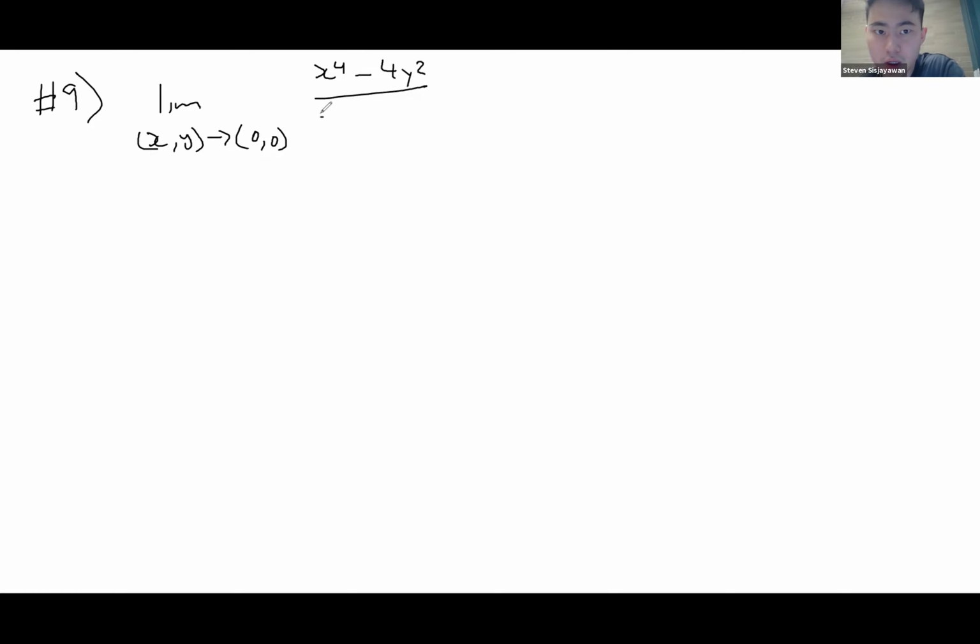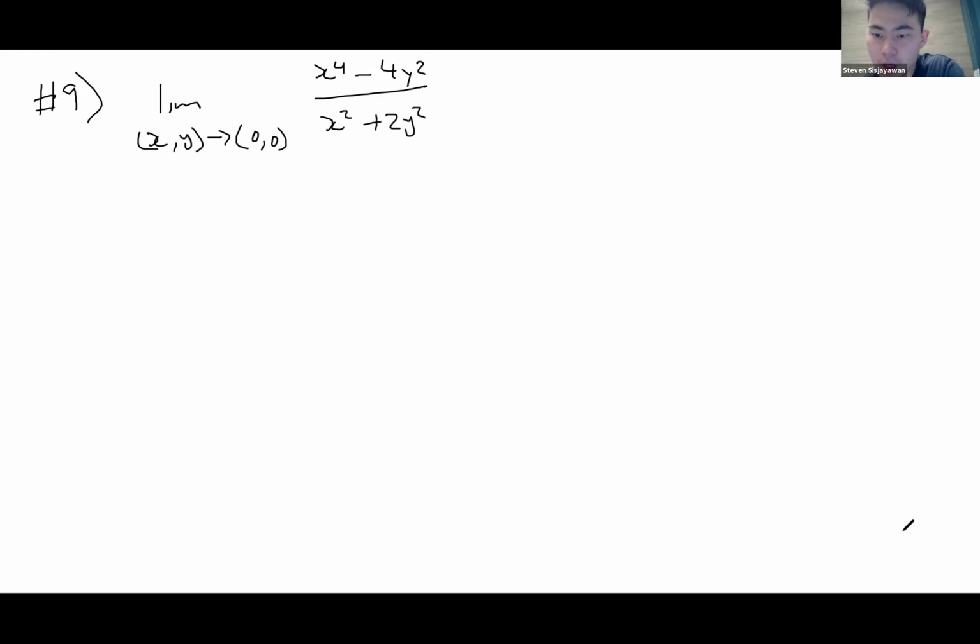So it says you're trying to find the limit as (x, y) approaches (0, 0) of the function (x^4 - 4y^2) over (x^2 + 2y^2).